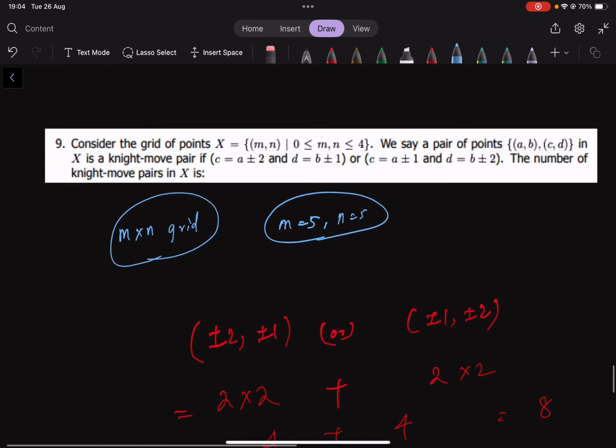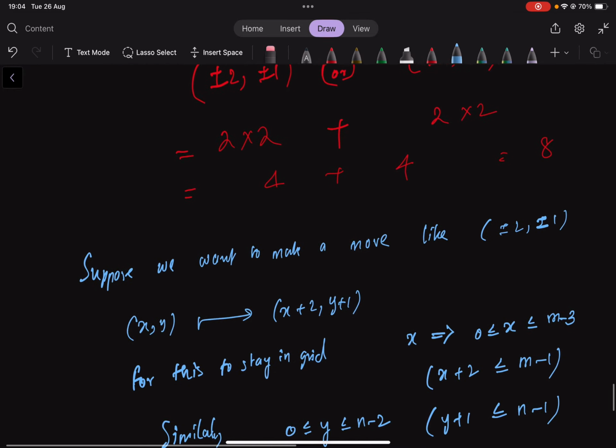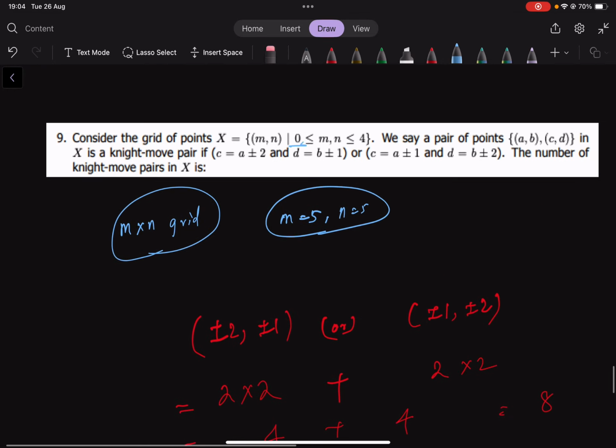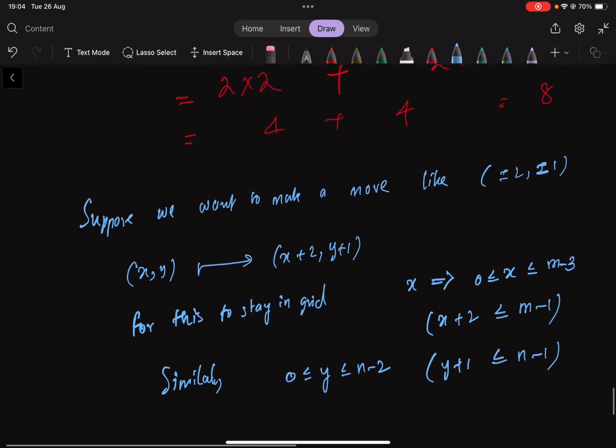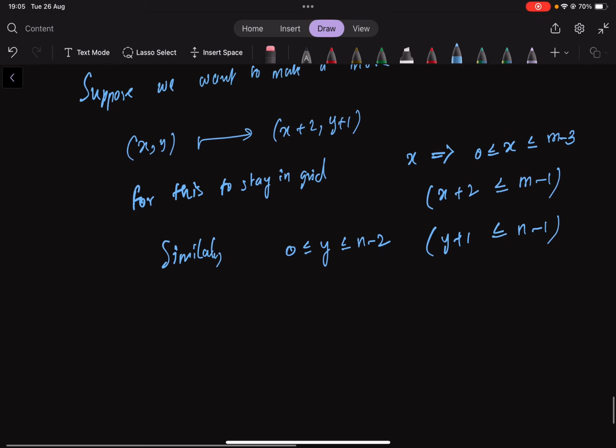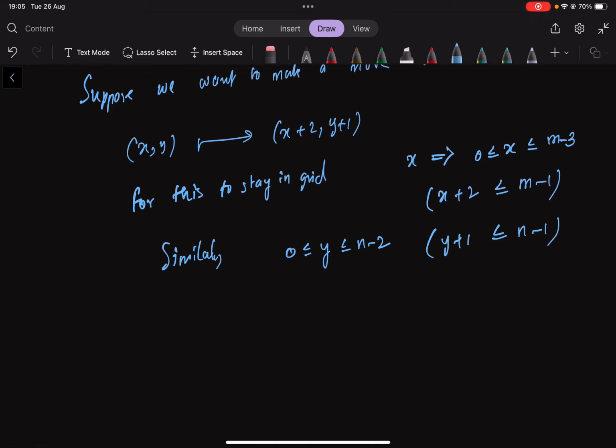Why am I using n minus 1 here? Because we're starting with 0. So 0 to 4 we have, so though it is a 5 cross 5 grid, point-wise 4 is the maximum. And there are 4 variants for plus or minus 2 comma plus or minus 1: right plus up, right plus down, left plus up, or left plus down.